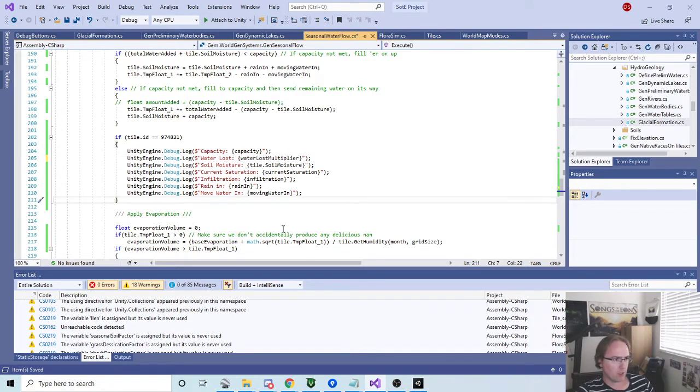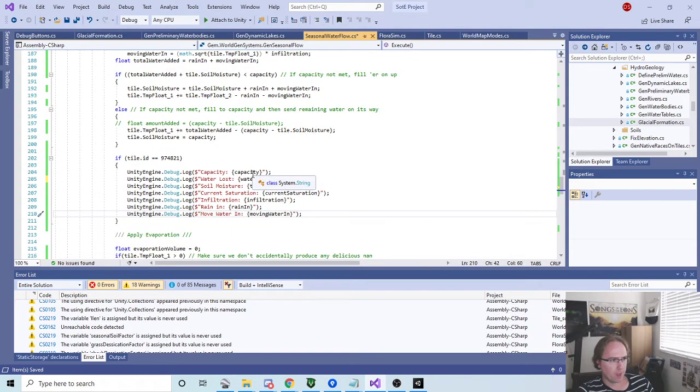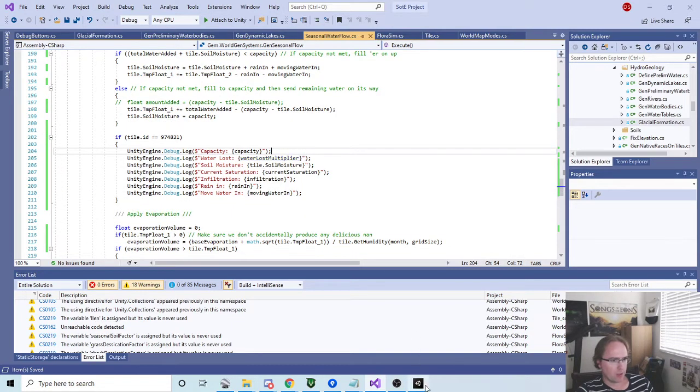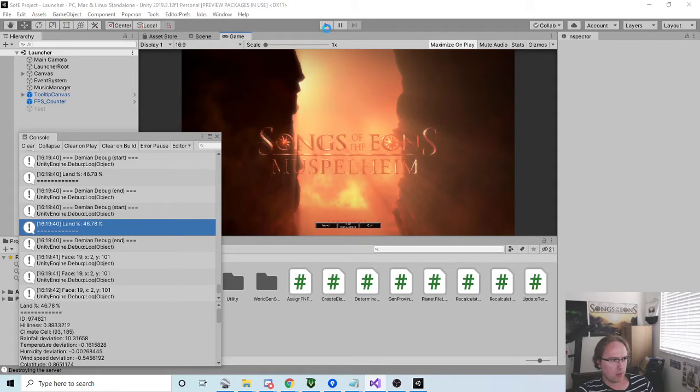Here we have water loss, water drained out of the tile. The current soil moisture, capacity of a given tile, current saturation, infiltration, rain in, water move in. Okay, so we want to know how much water is getting sucked off the tile.